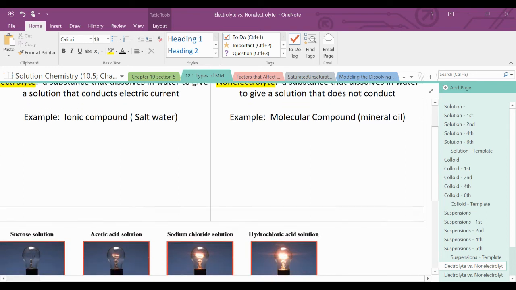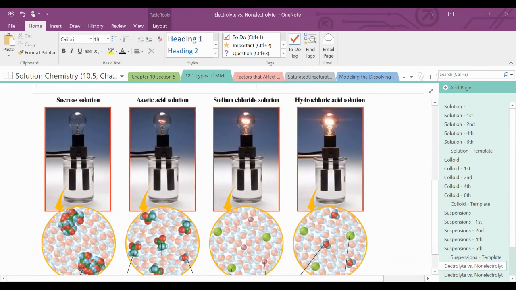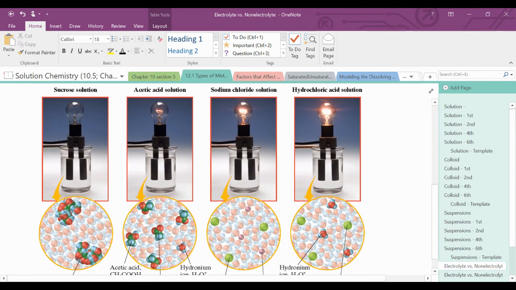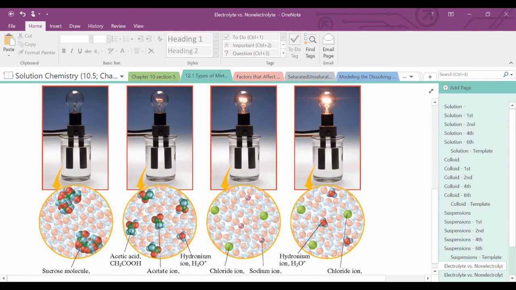All right, so let's look at my diagram here. Let me see if I can shrink it down a little bit. Maybe not. All right, so the first one here on my left, sucrose, if you're looking at the model picture, it tells you it's a molecule. So molecules don't break apart into any kind of ions that can move.